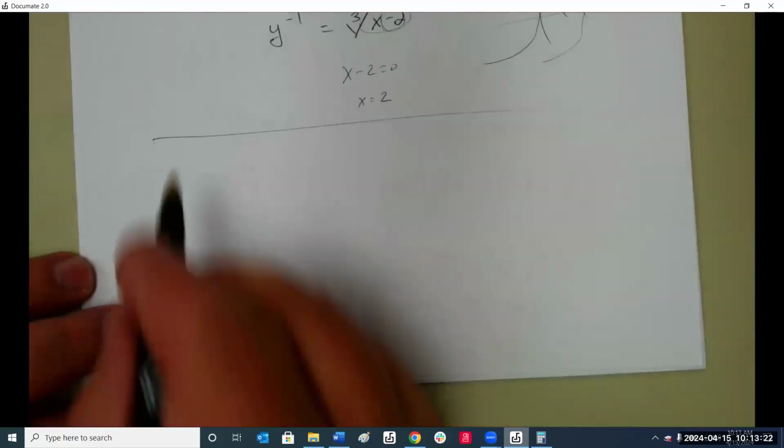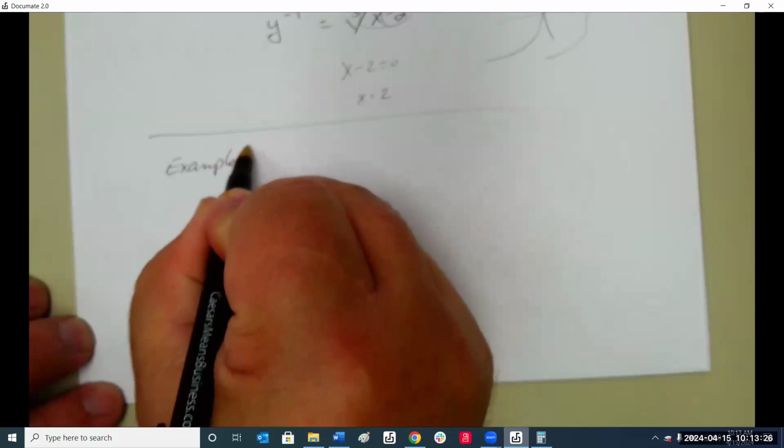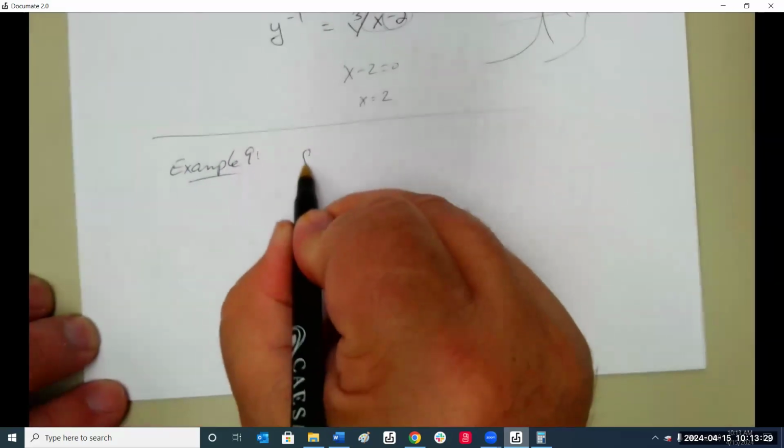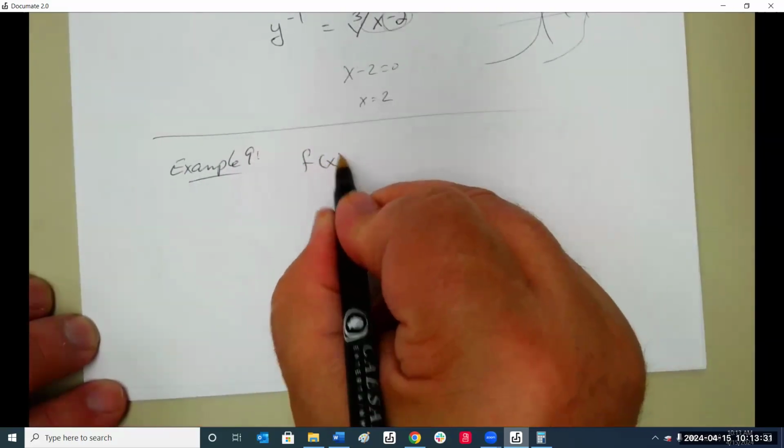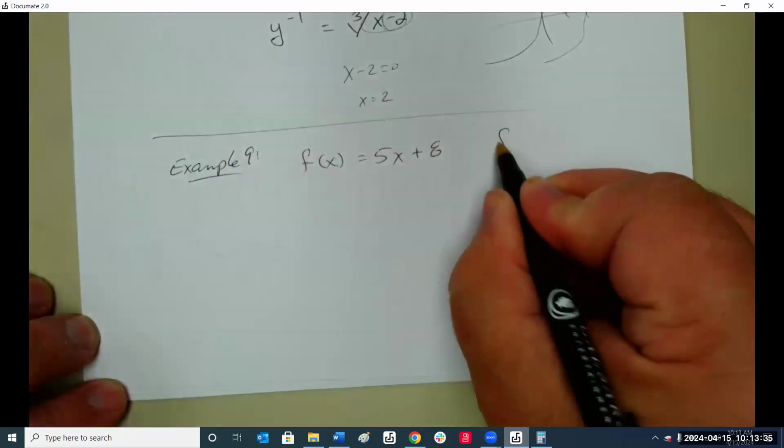And example 9. It says, prove that f of x and g of x are inverses by using composite functions.